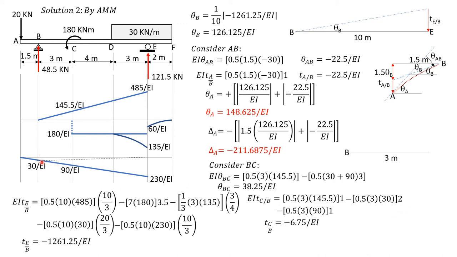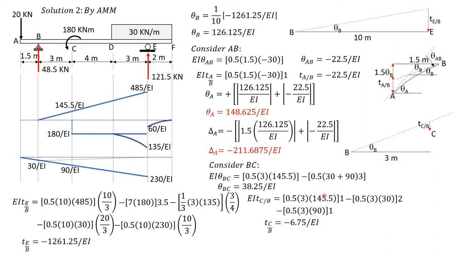The centroid of this triangle from C is 2. The centroid of this bigger triangle from C is 1. So minus 0.5 of 3 times 90 times 1. So simplifying, the deviation of C relative to B is negative 6.75 over EI, which means that point C is below the reference tangent of B.